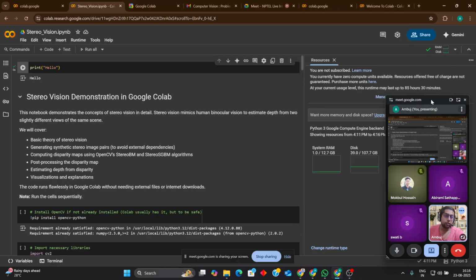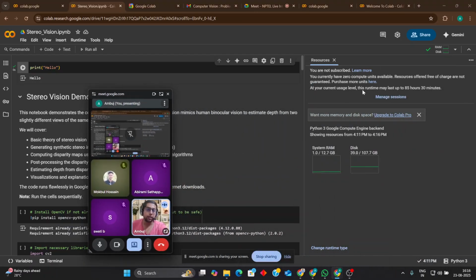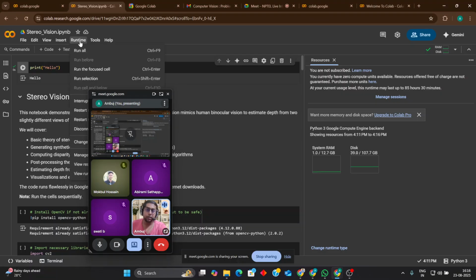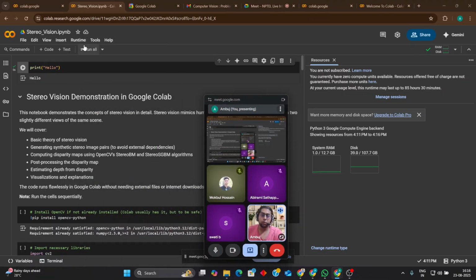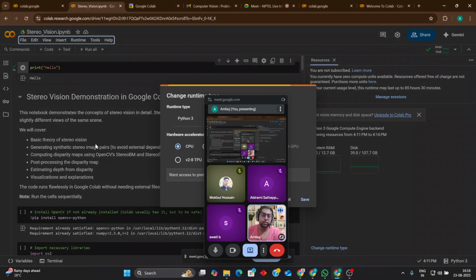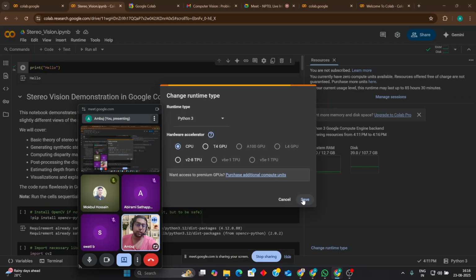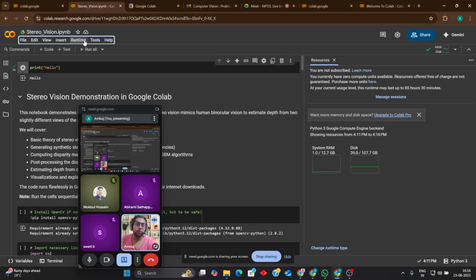When I went to Runtime, then Change runtime type, and saved it, this runtime automatically got allotted to me when I tried to run this line. So what resources through the virtual machine have been allocated to me? System RAM of 12.7 GB and disk space of 107.7 GB have been allotted to me.